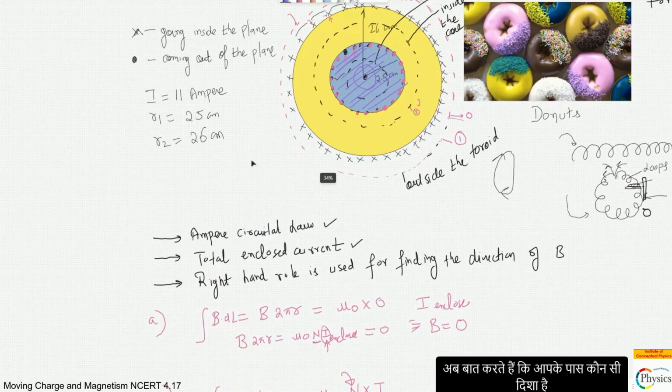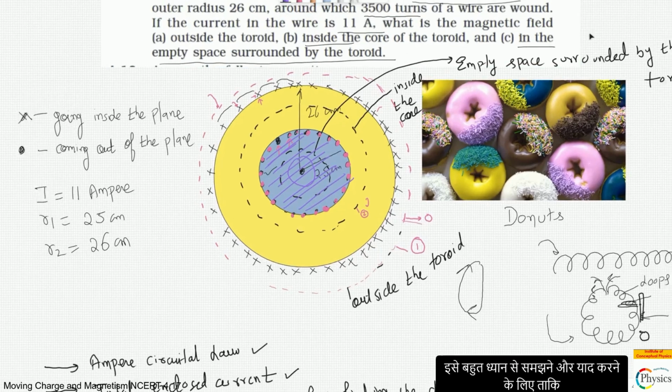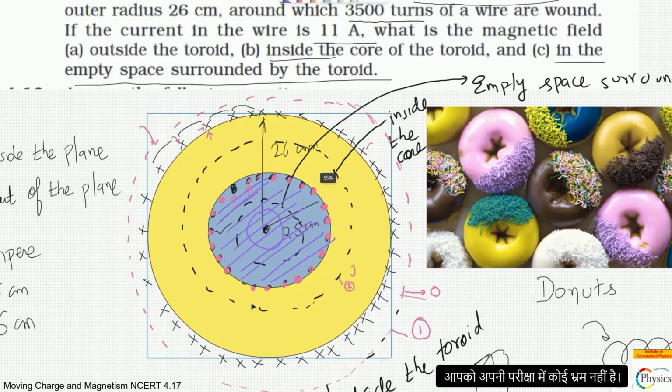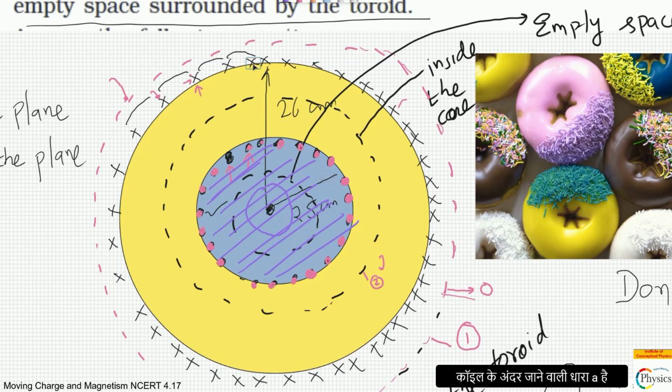Now let's talk about the direction, which you have to understand very carefully and memorize so that you have no confusion in your exam. If you get a situation in which the current going inside the coil is a cross on the outer radius like this, and this is the dot which is coming outside, the magnetic field in the core will be anti-clockwise.